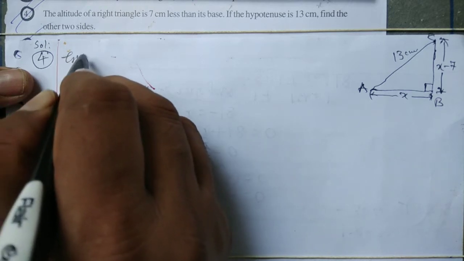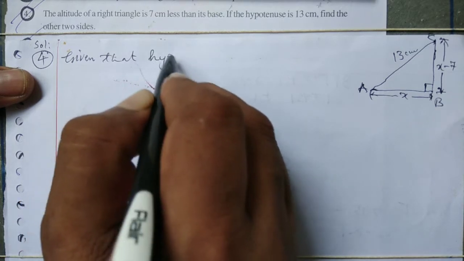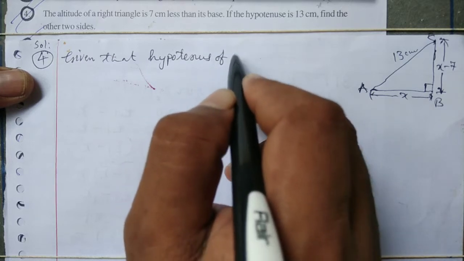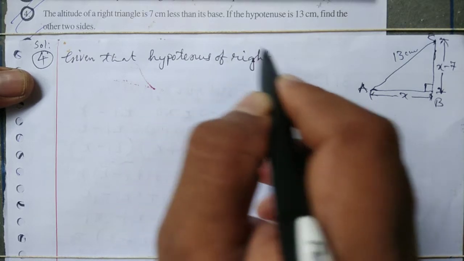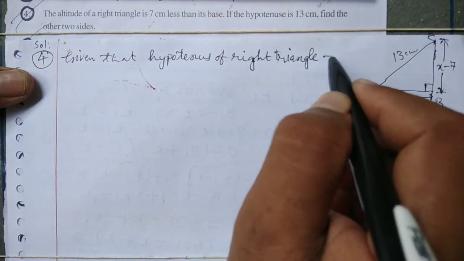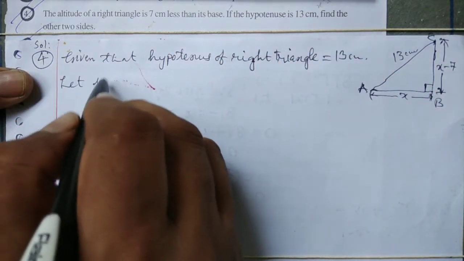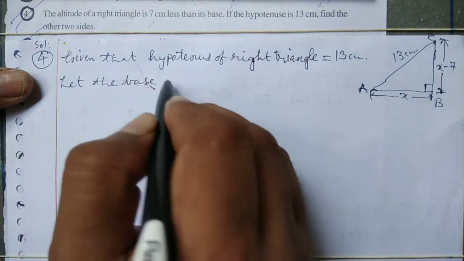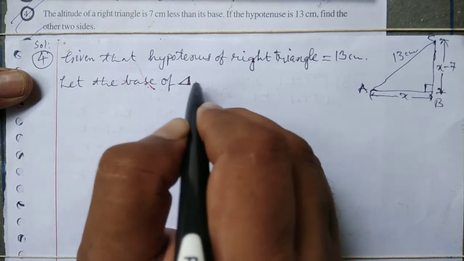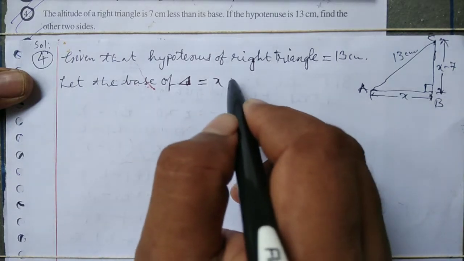Given that the hypotenuse of the right triangle is equal to 13 centimeters. Let the base of the right triangle be x centimeters.